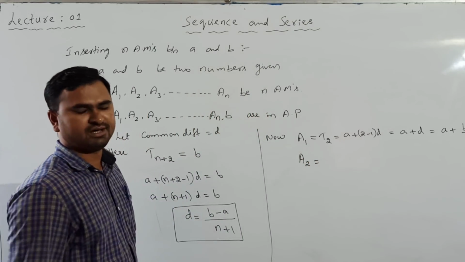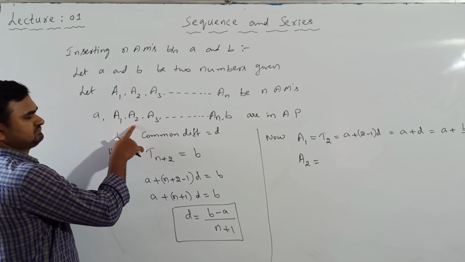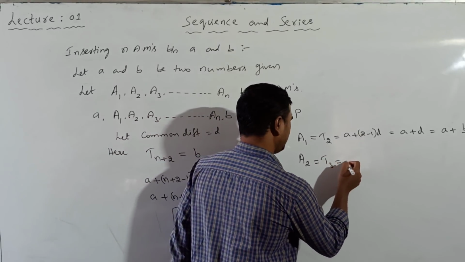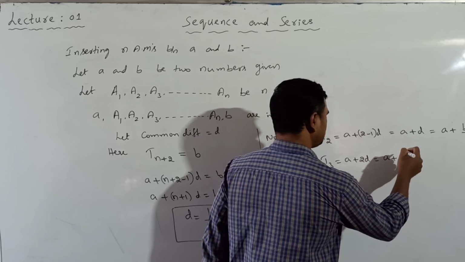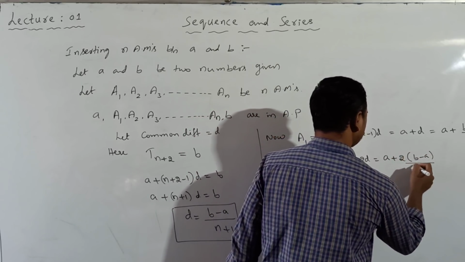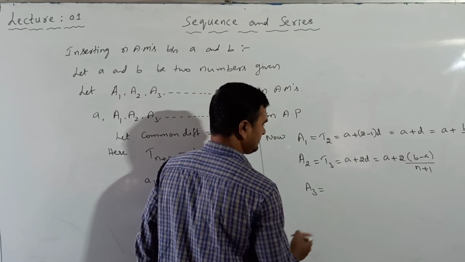Next, A2, the second arithmetic mean that we have inserted. Which term is A2 here? It is the third term of the AP. So T3 we can write as a plus 2d, that is a plus 2 into (b minus a) by (n plus 1). Next A3.